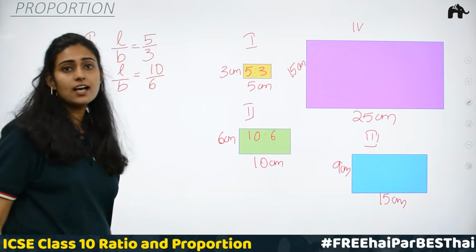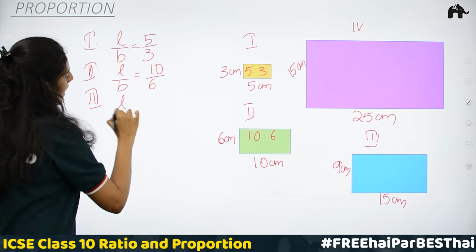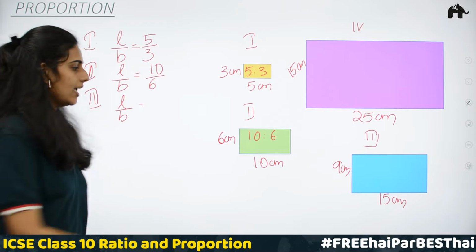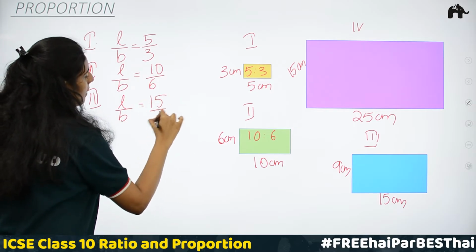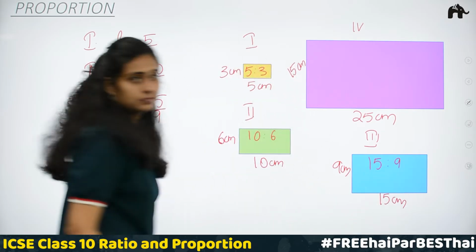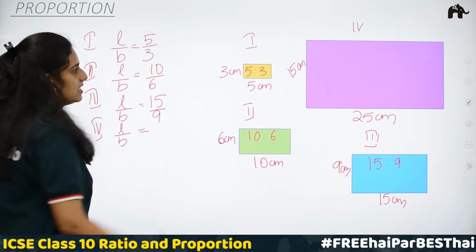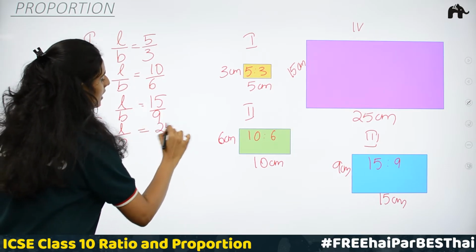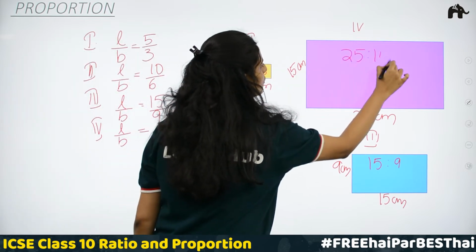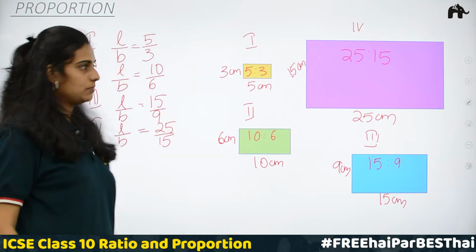For the third, it is 15/9, the ratio 15:9. For the fourth, it is 25/15, the ratio 25:15.